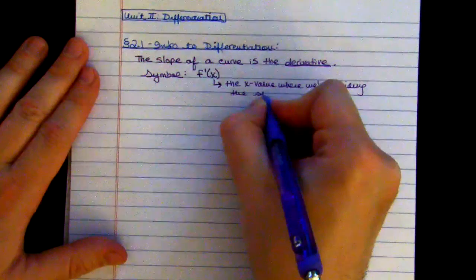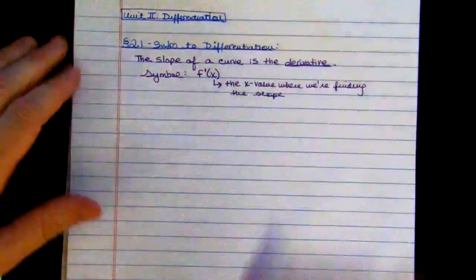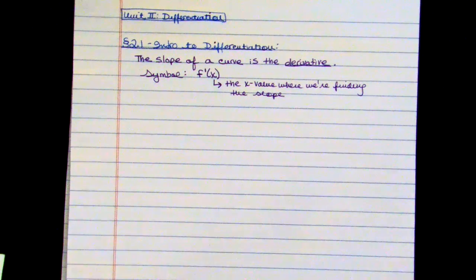F prime of x, the x is just the x value where I want to find the slope of my function. This will make a whole lot more sense with an example or two.